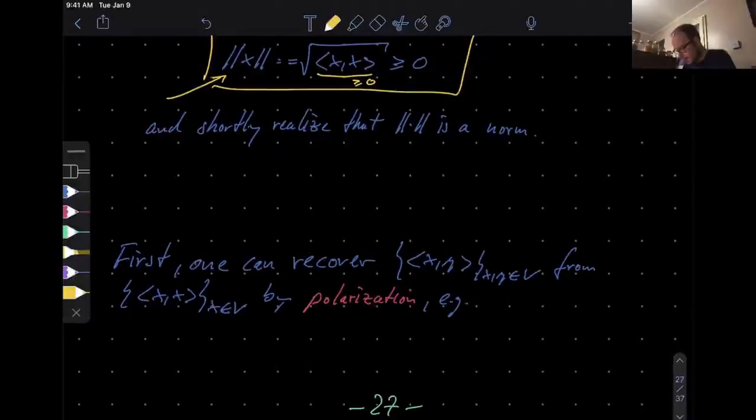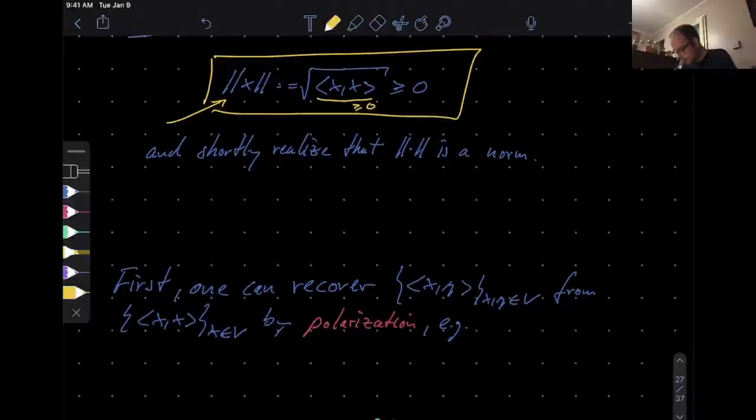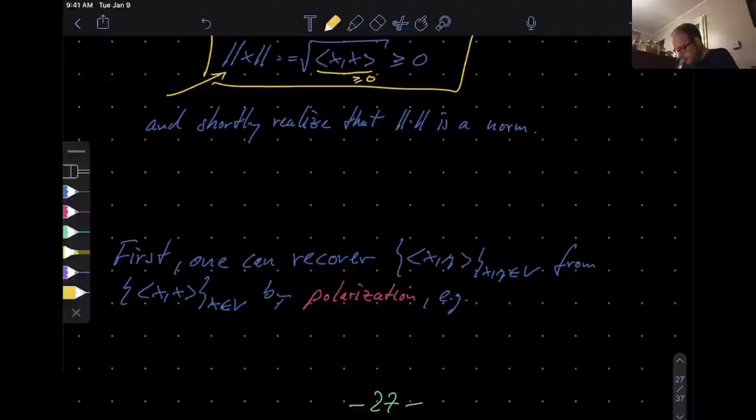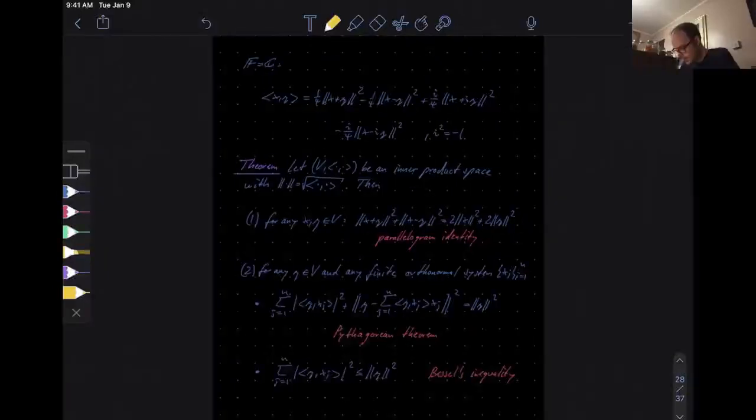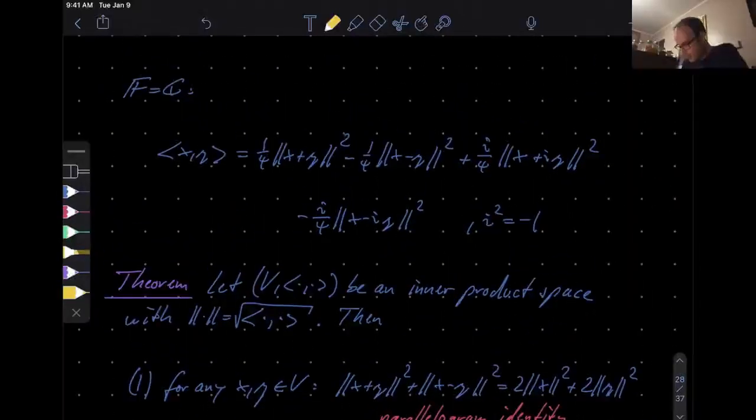Now a few other comments. A very important concept that we will explore in the exercises, and that is probably known from linear algebra as well, is the polarization identity. I will just show you the identity. If you work over the complex number field, it is this one. You have an identity that relates the norm from the previous slide in an inner product space to the inner product itself.